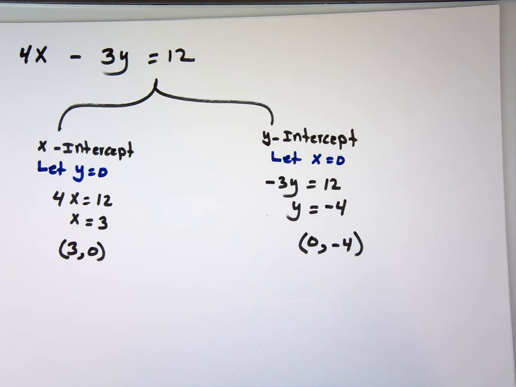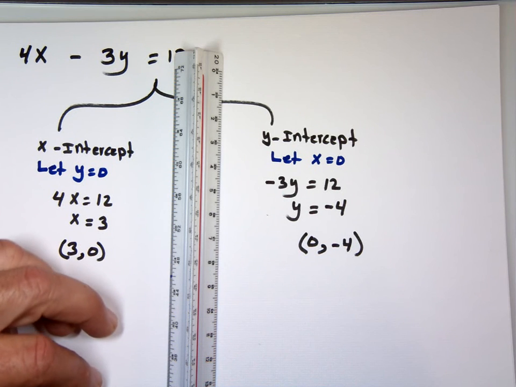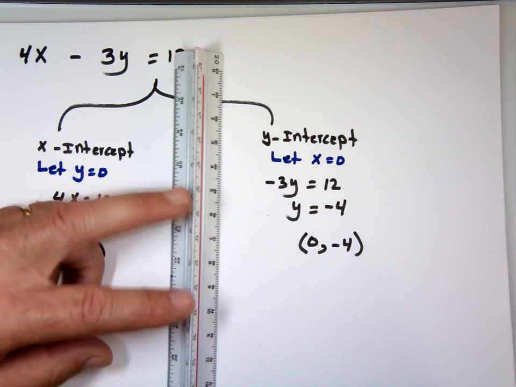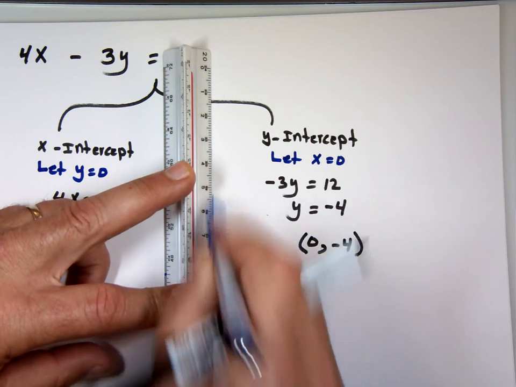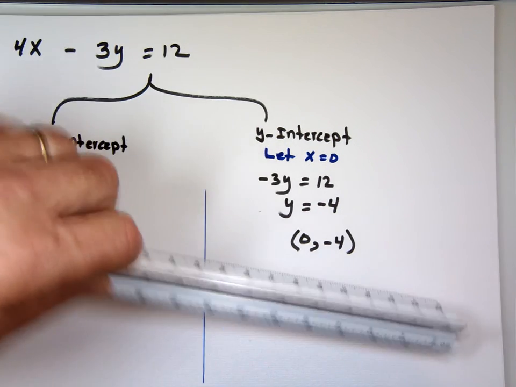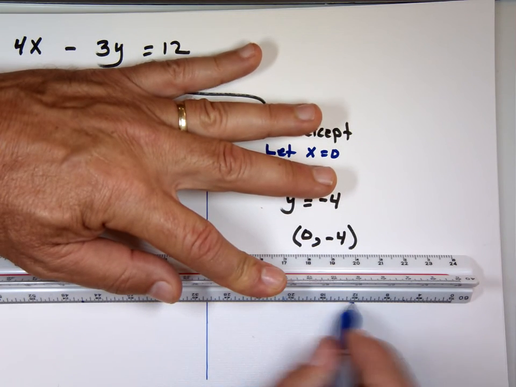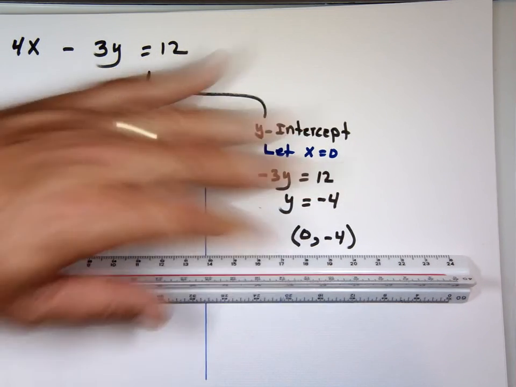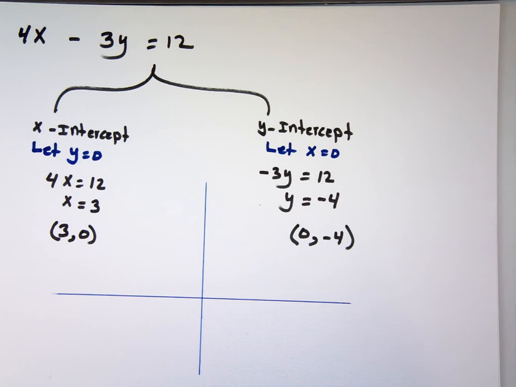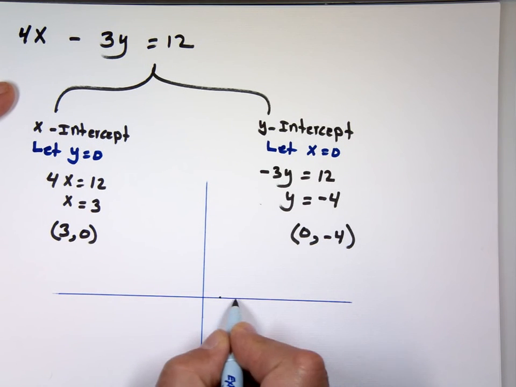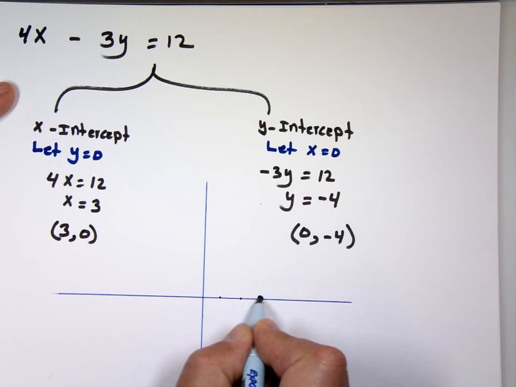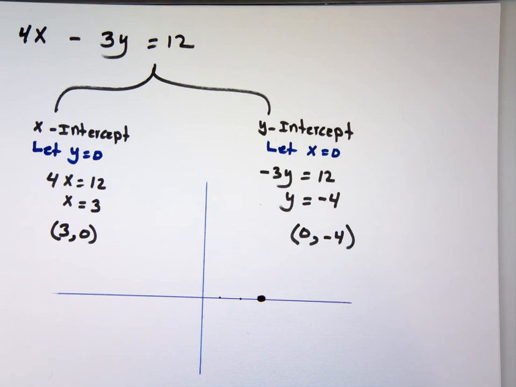So anytime I have x and y on the same side, that's the method I tend to use. Again, there's nothing wrong with solving it for x or y. So let's get the points. 3 comma 0. 0 comma negative 4.